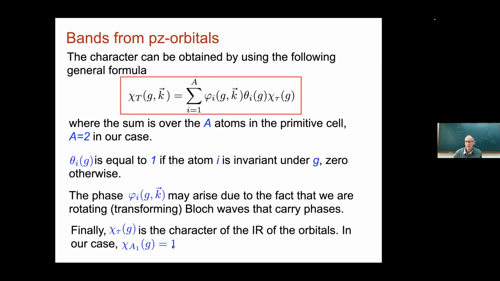Okay, so I'm going to argue now, just very quickly, why we get this formula. Basically, you have to remember that we had a very similar problem when we considered the vibrational representation, or the mechanical representation, in molecules. What was the problem there? We had several atoms, like for instance in methane, and some of these atoms were exchanged by the symmetries of the group.